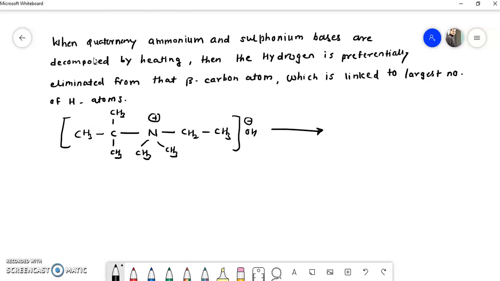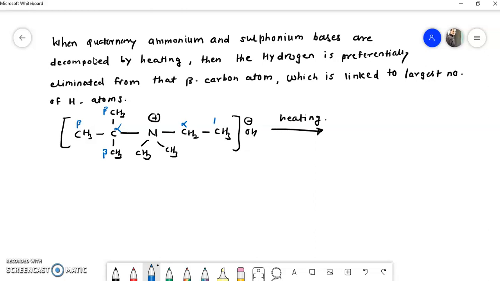Now when we decompose this, when we heat this ammonium base, what product can we get? The important thing here is that if we consider this nitrogen, with respect to this nitrogen, this carbon is an alpha carbon, this carbon is an alpha carbon. Now these are the beta carbons. This is also a beta carbon, this is also a beta carbon, this is also a beta carbon.